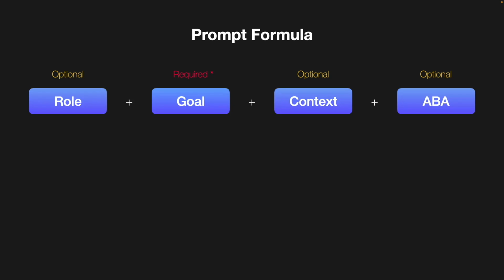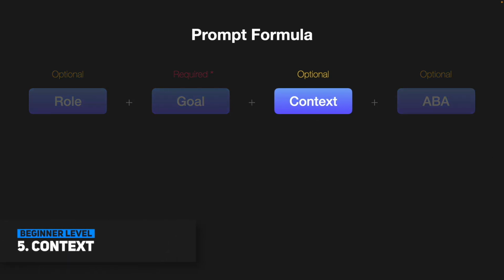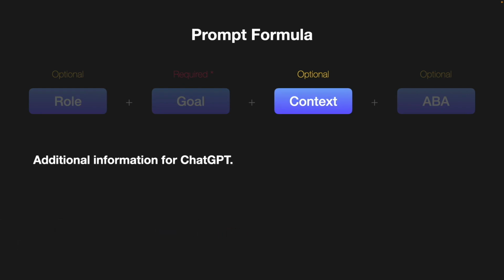All right, so let's talk about the next element in our prompt formula, which is context. In general, context is about adding information for ChatGPT, and additional information helps ChatGPT to provide a better answer. Earlier, we made an example where we talked about our product, which was polo shirts, and we were selling those polo shirts on our online shop.